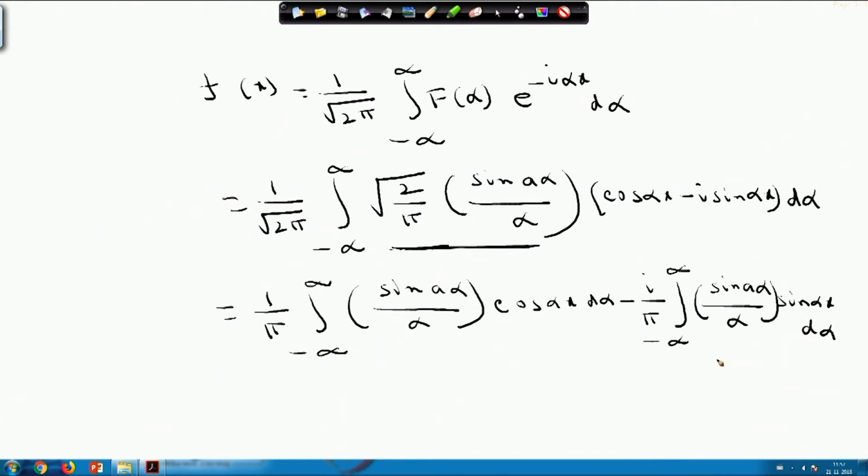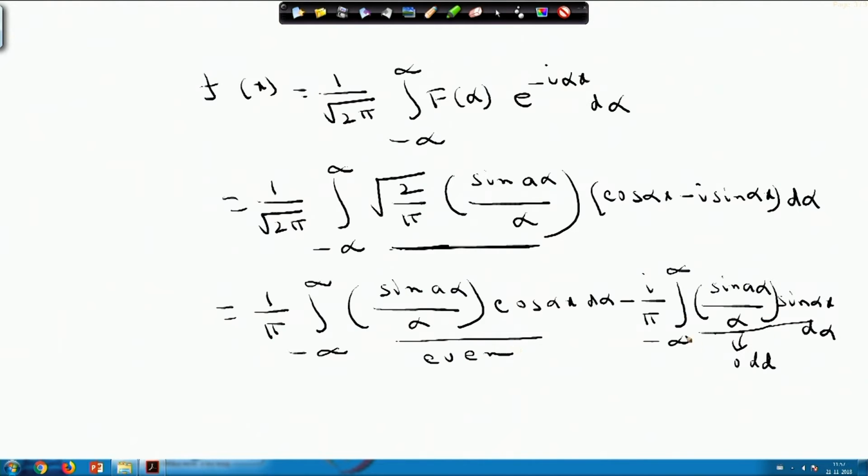Now, in this second integral, sin a alpha by alpha into sin alpha x: sin a alpha by alpha is an odd function and sin alpha x is an odd function, whereas the product is an even function.